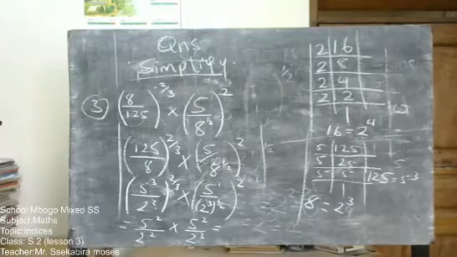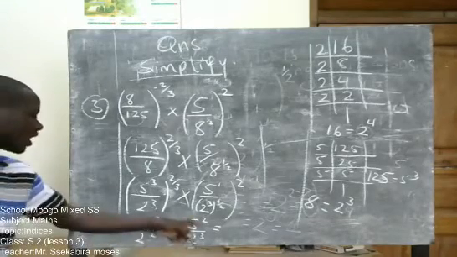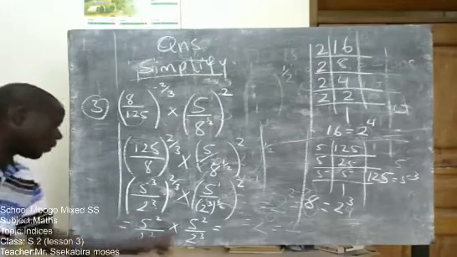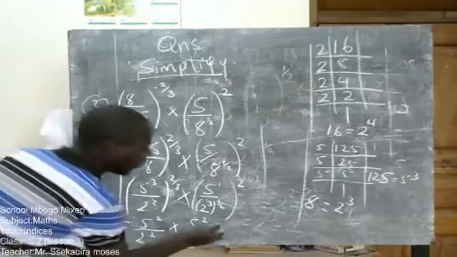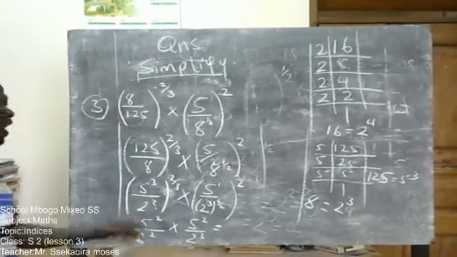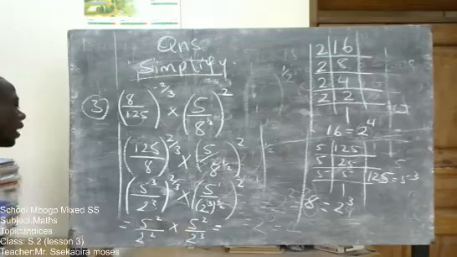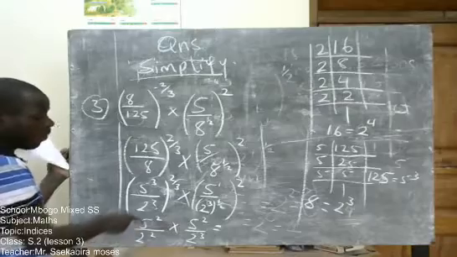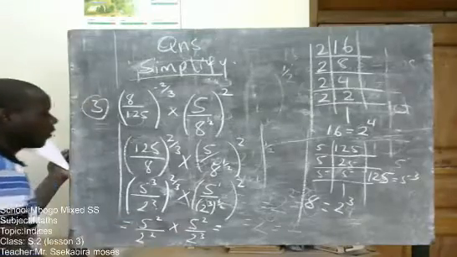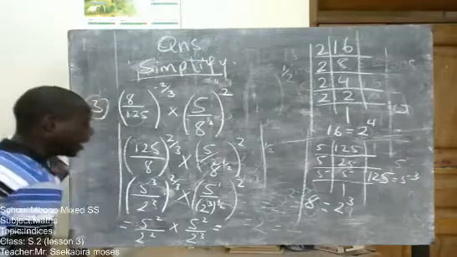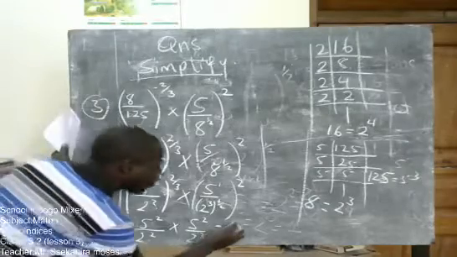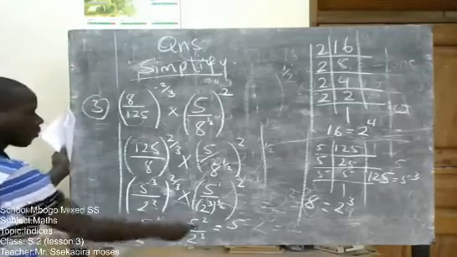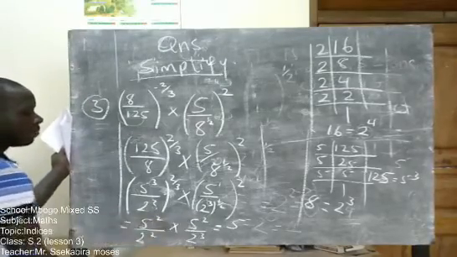Remember, when multiplying fractions, you multiply the numerator with the numerator, the denominator with the denominator. When multiplying numbers with the same bases, what do we do? You add the powers. 5 to power 2 times 5 to power 2: we are going to come up with 5 to power 2 plus 2, because we are multiplying numbers of the same bases.